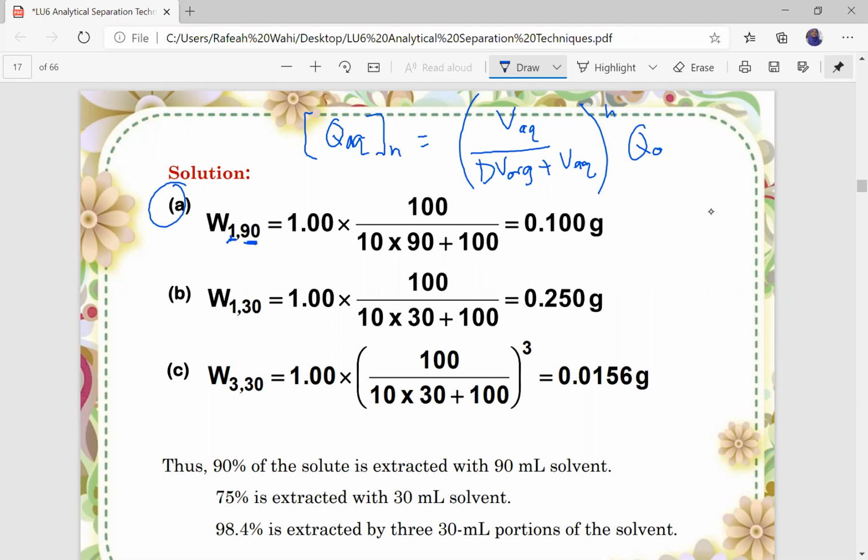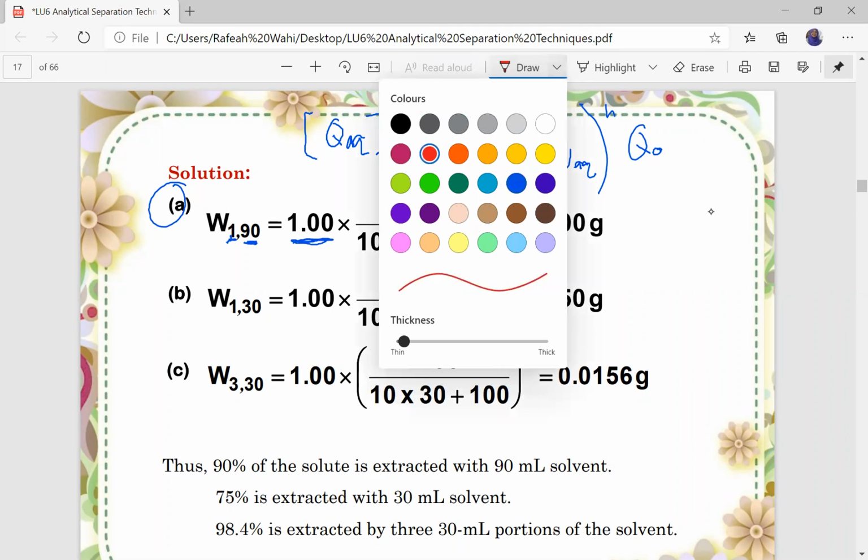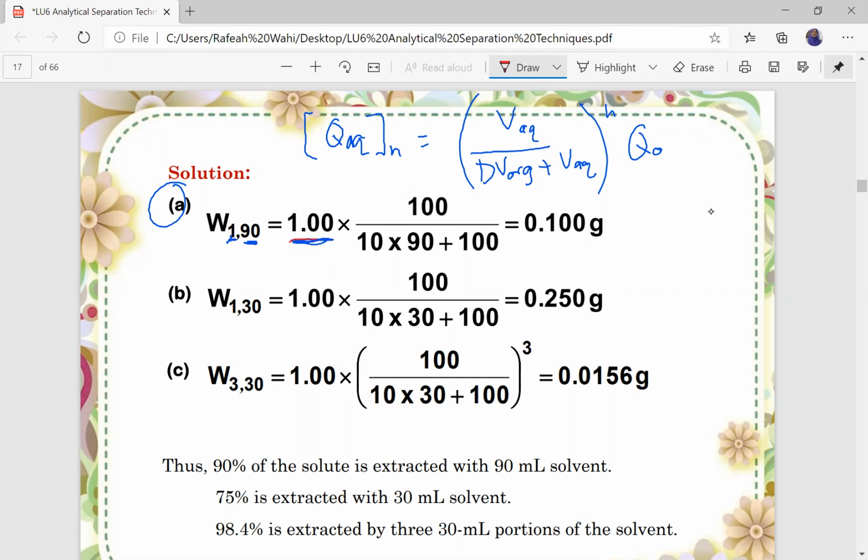We know that the initial mass of our solute is 1 gram, so you put 1 gram here, which is Q naught.